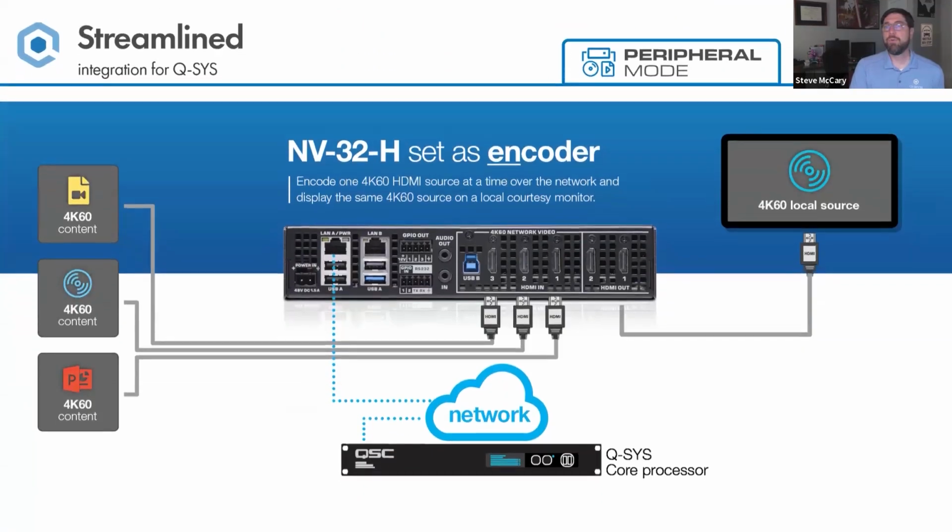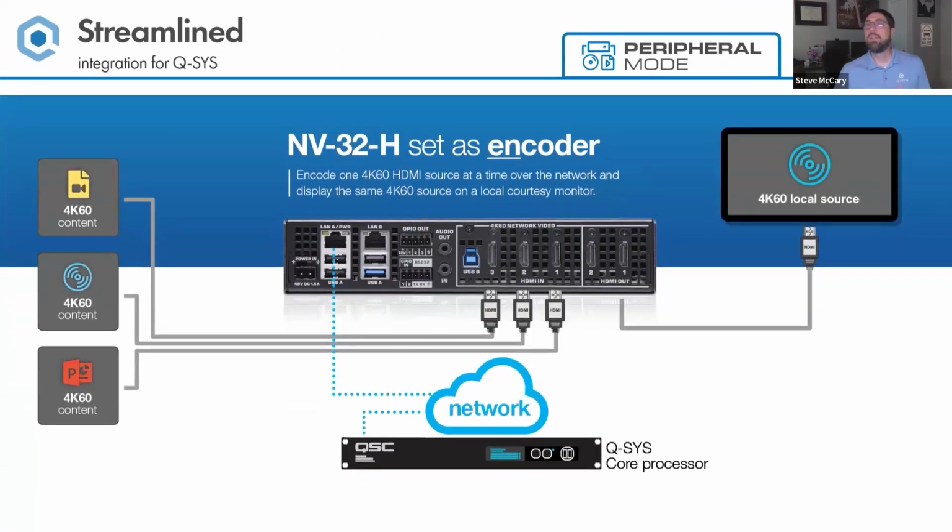We can also encode a single 4K 60 stream. A lot of times we see people who want to do this, and they'll use one NV32 for every 4K 60 source. That is true if you need to have them all available at the same time.